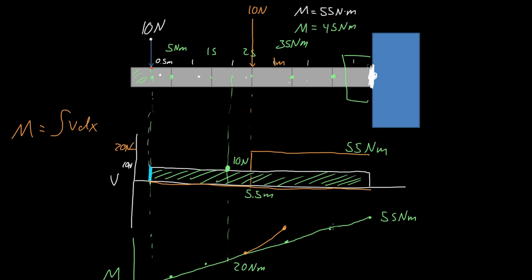And then right here, we still have the 45 Newton meters. Then we want to add in the 10 newtons applied there, so that's 2 meters, so the moment right there would now be 65 Newton meters. And finally, all the way at the end, which is 3 meters away, that'd be the 55 plus the 30, so we'd have 85 Newton meters. And that might be right there.